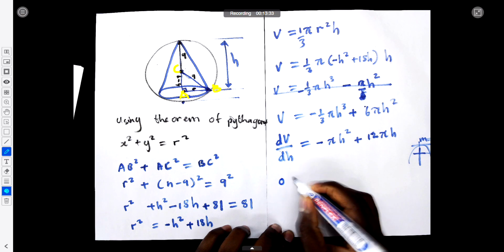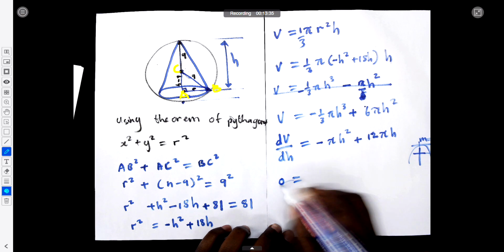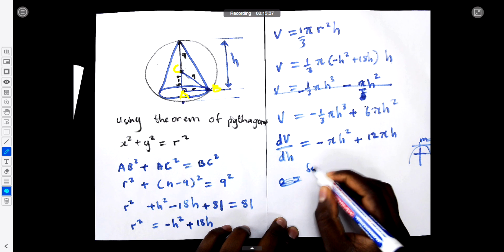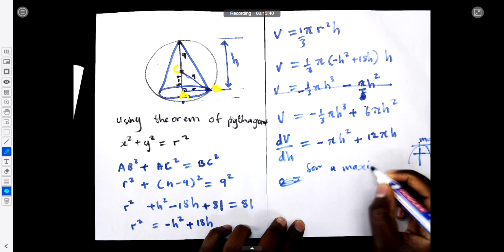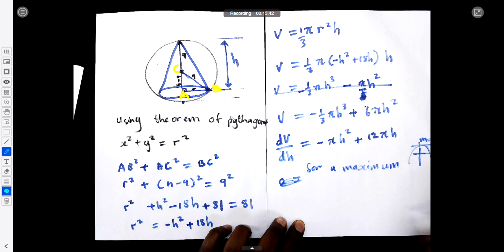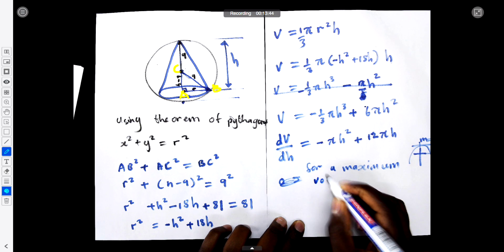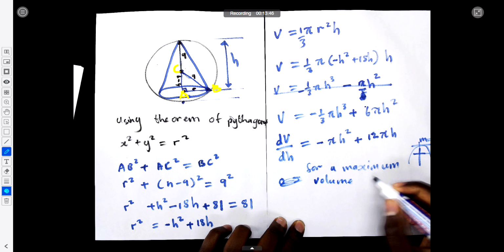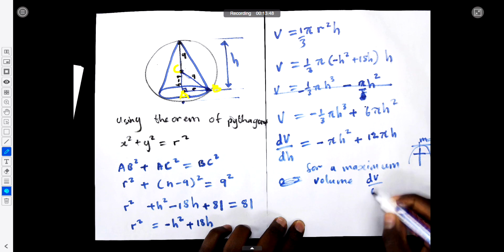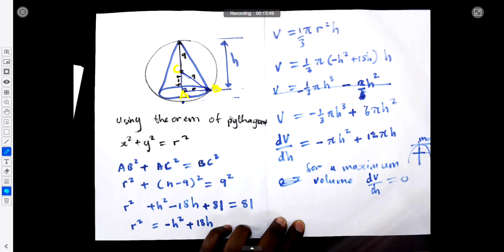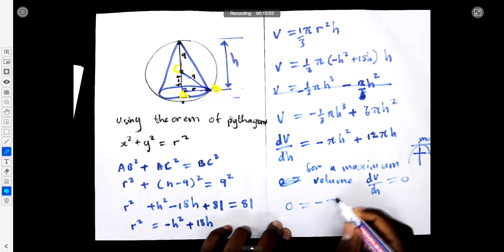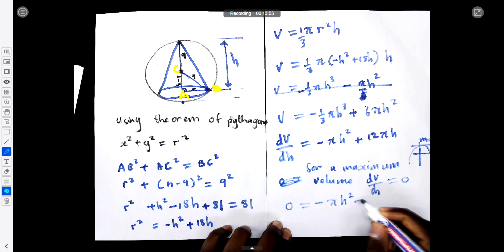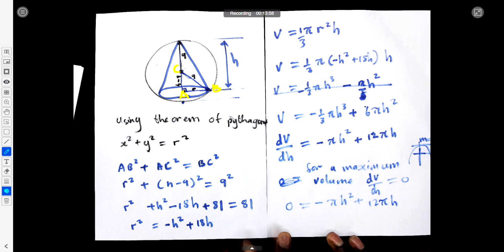So we'll state that for maximum volume or height, dV over dh is equal to 0. So we'll have 0 is equal to negative pi h squared plus 12 pi h.